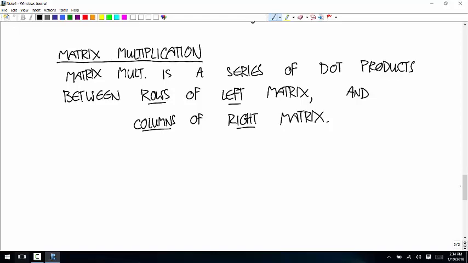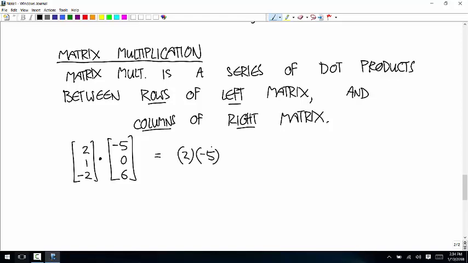The dot product works like this. If you have a vector 2, 1, -2, and you take the dot product with a vector -5, 0, +6, that's equal to 2 times -5 plus 1 times 0 plus -2 times 6.